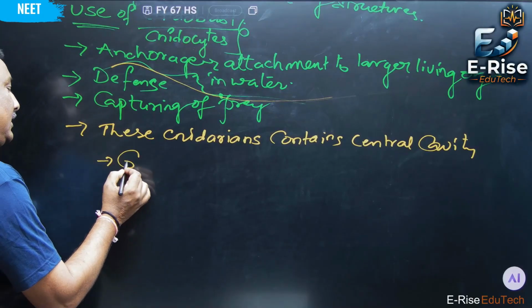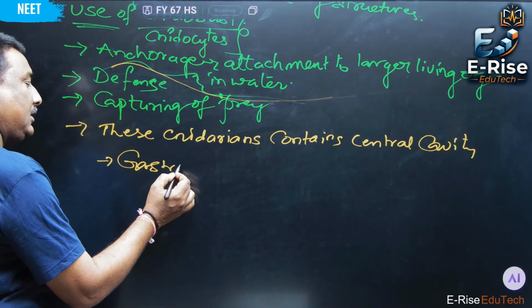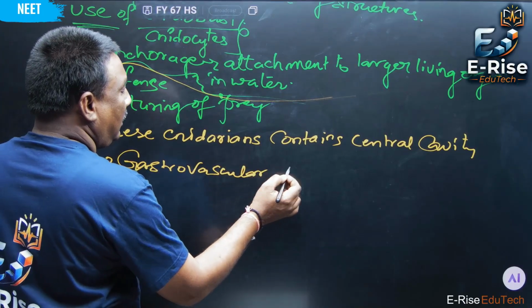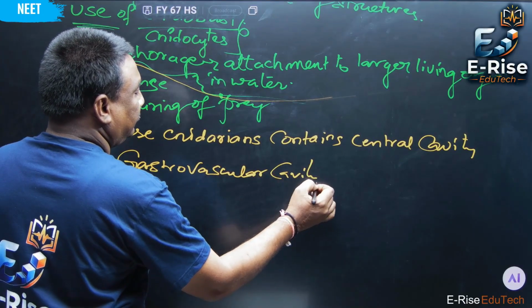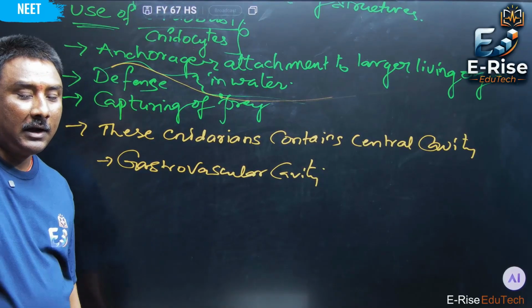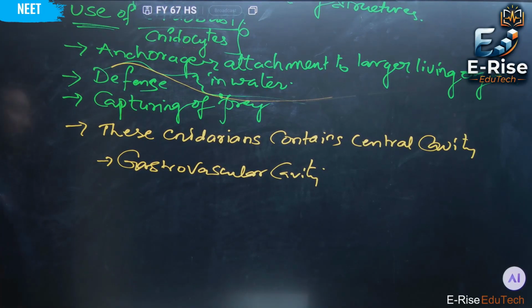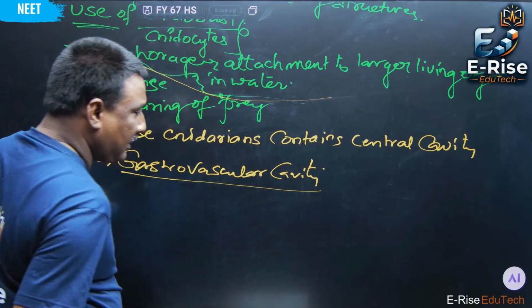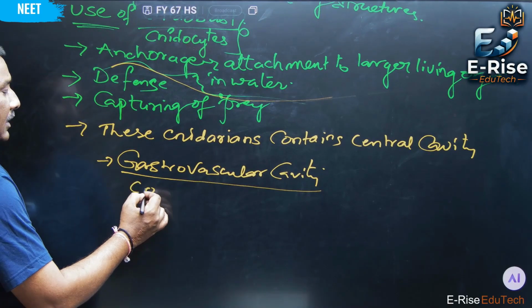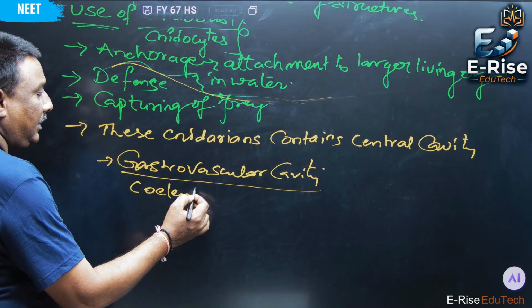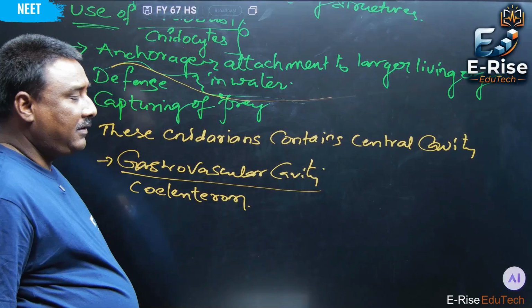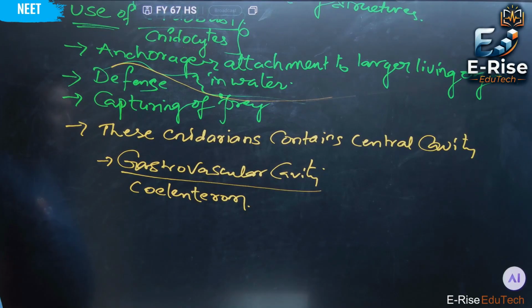This cavity is called the gastrovascular cavity. Another name for the gastrovascular cavity is coelenteron. The gastrovascular cavity present in their body is called coelenteron.